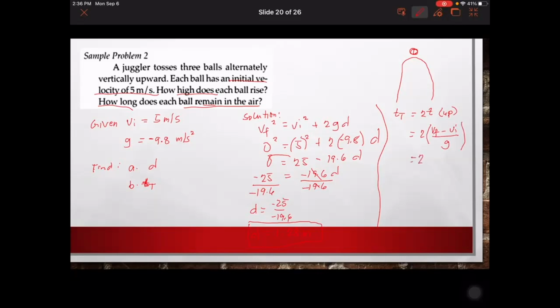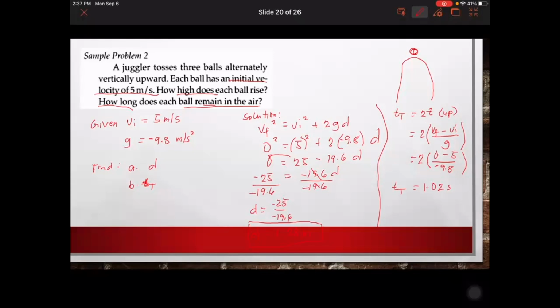This will be equal to 2 times (0 minus 5) over negative 9.8. Pag sinimplify natin yan, magkakaroon tayo ng 1.02 seconds. So, this is your total time of flight.